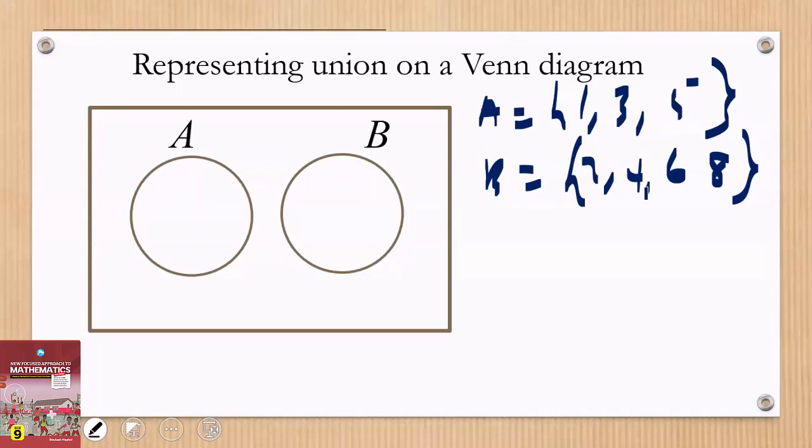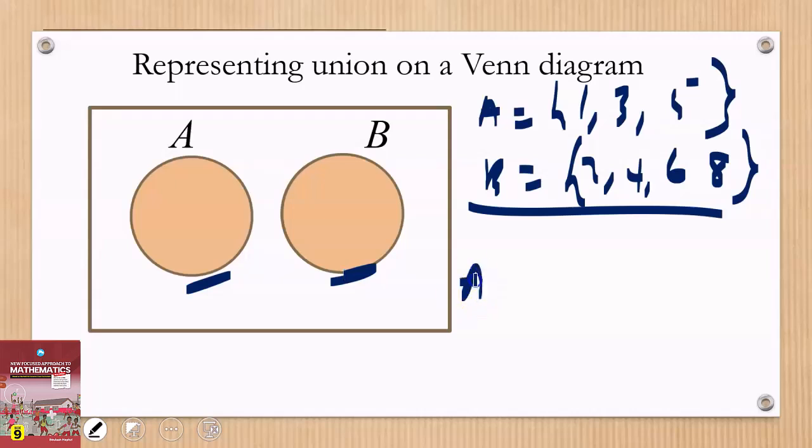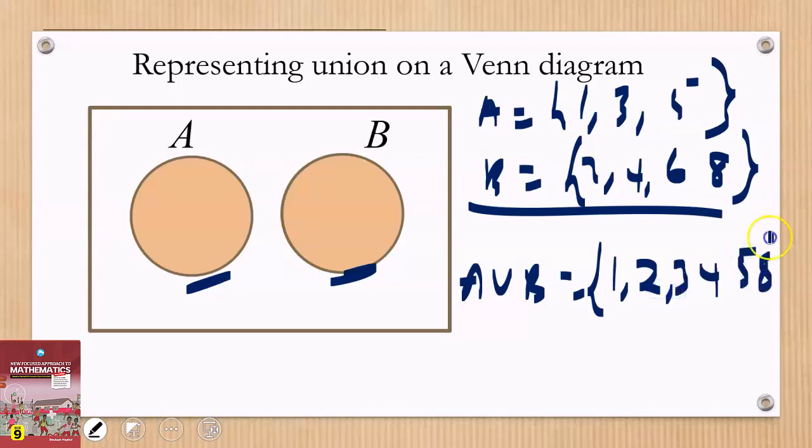They are two separate entities, but we can still shade their union, shading this and shading that together. So in representing this kind of set, the union will be shaded together like this, but we can't overlap the circles. We can still put them together and say A union B is 1, 2, 3, 4, 5, 6, and 8. So that becomes our answer, right? This is the representation of A union B where we don't have any element in common.